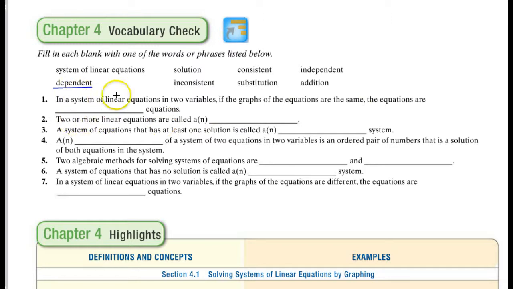Two or more linear equations are called systems, or a system of linear equations. A system of equations that has at least one solution is called, and I recall just doing these the other day in class, consistent.